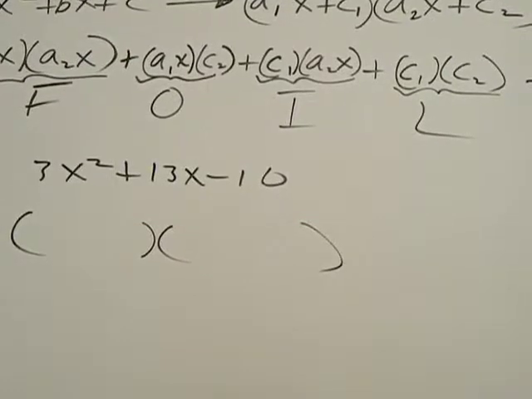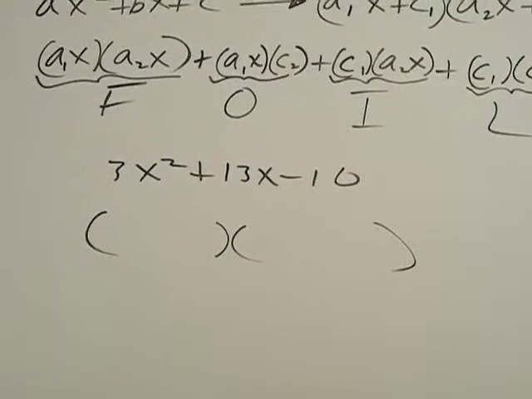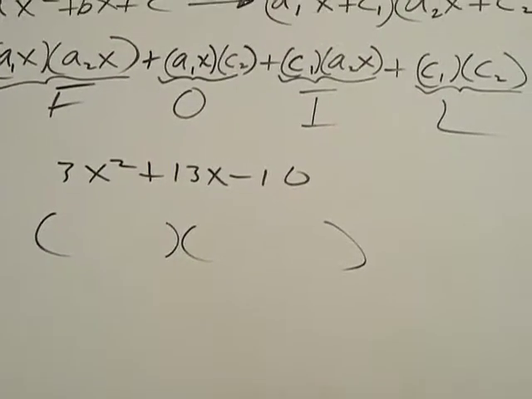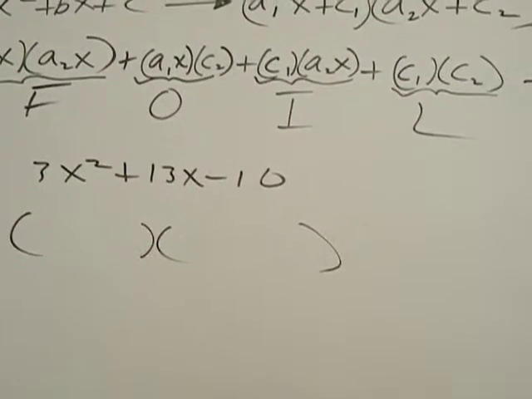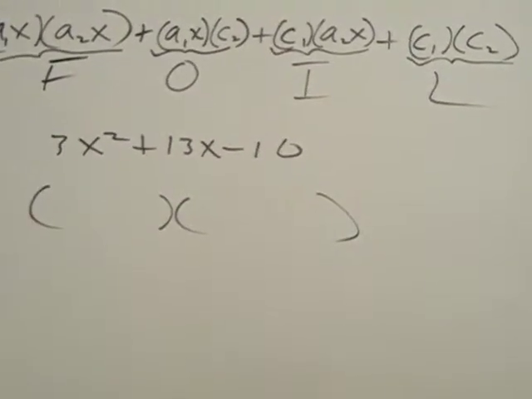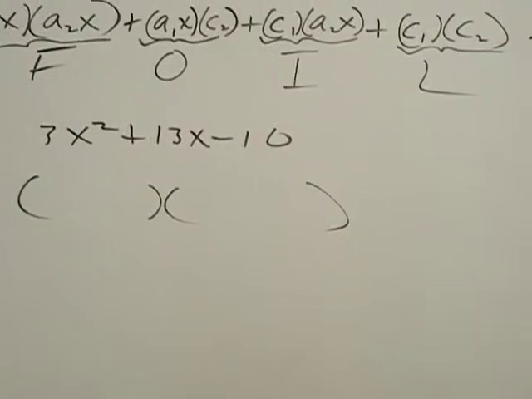First of all, we're going to take 3x squared and we're going to decompose that into a product of 2 terms which remultiply together to give us 3x squared.